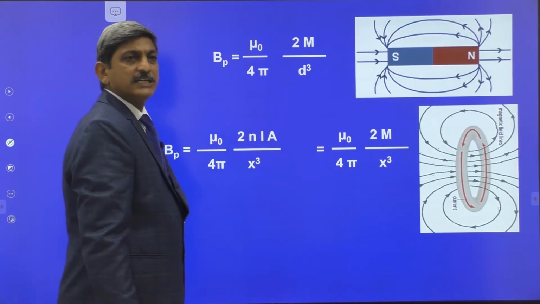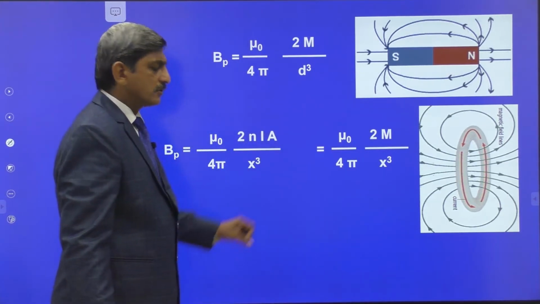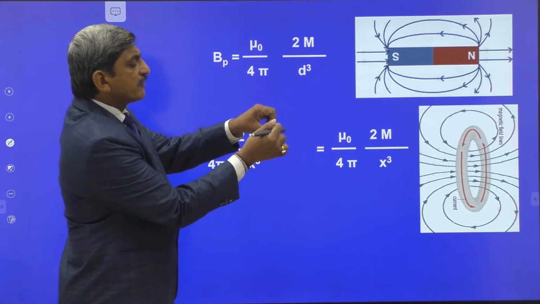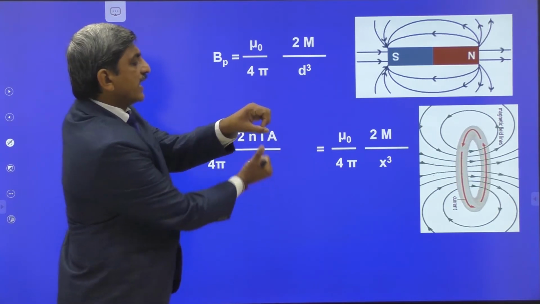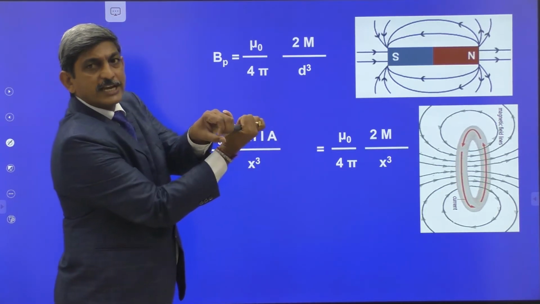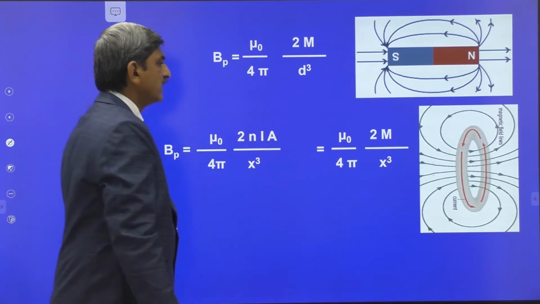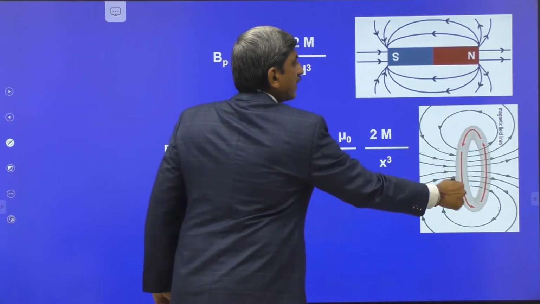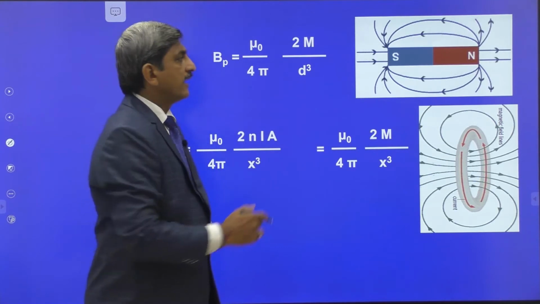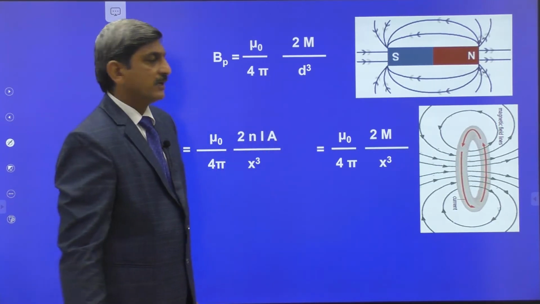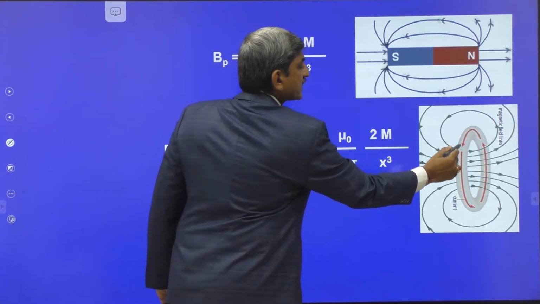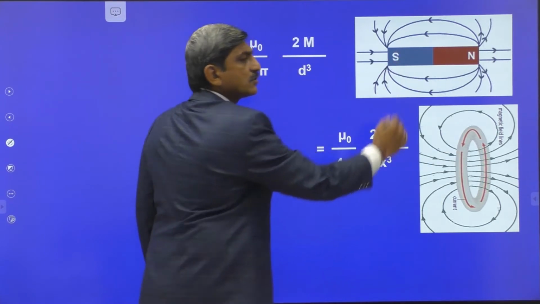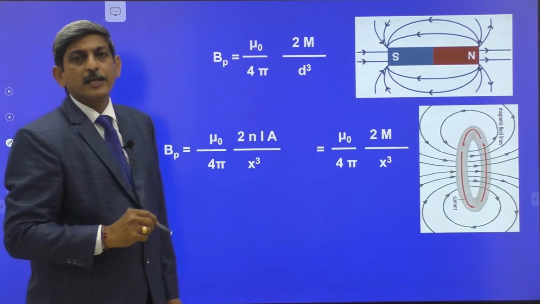That means in case of the current carrying coil also, the lines of force are coming out from the one face and the lines of force are entering into the another face. That's why the current carrying coil also behaves like a magnetic dipole. The behavior of this current carrying coil is also similar to the magnetic dipole.